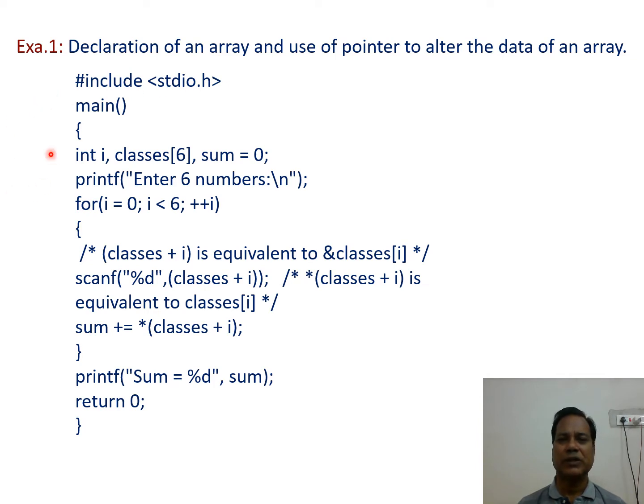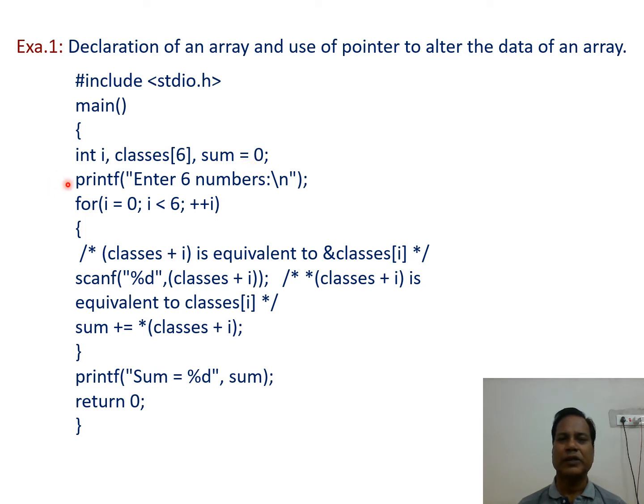Then the first statement of the main function is int i, classes[6], sum = 0. Using this statement we declare an integer variable i and an integer array classes that can have 6 elements, and also an integer variable sum, whose value is assigned 0.